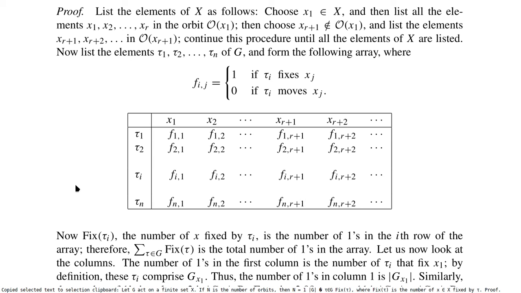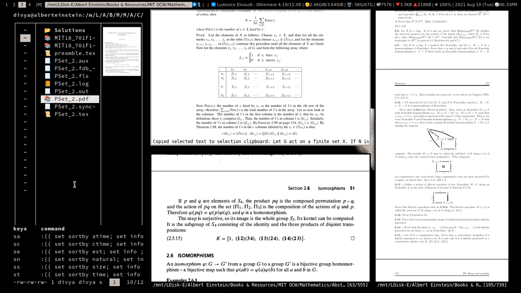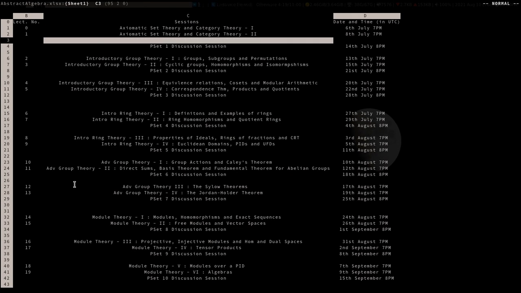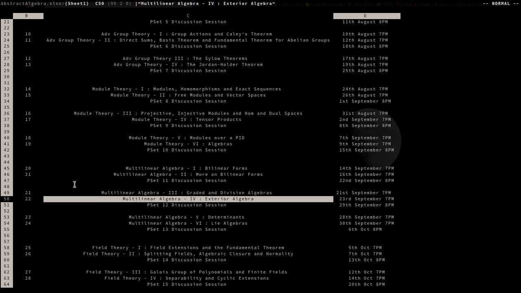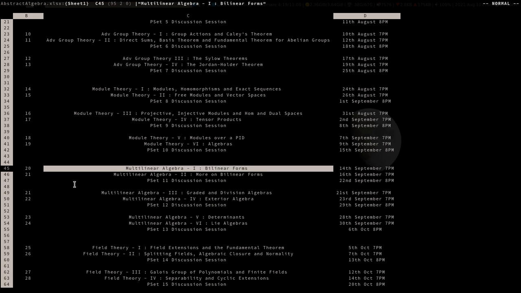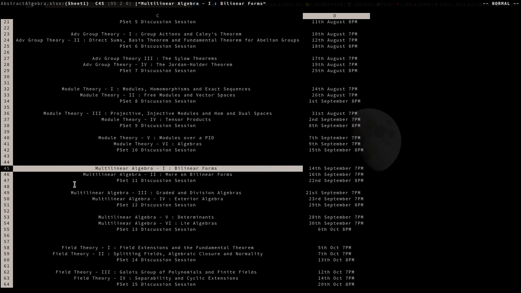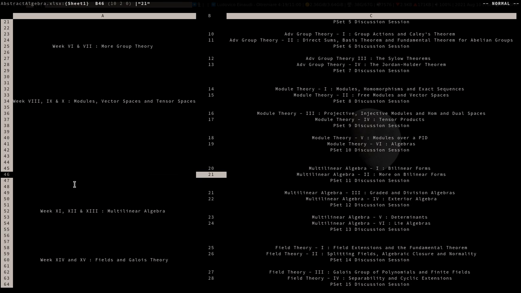Wait. Comes with this Burnside lemma for algebras? These flag examples? That's kind of weird. We're going to use algebra from Rotman. That is multilinear algebra.